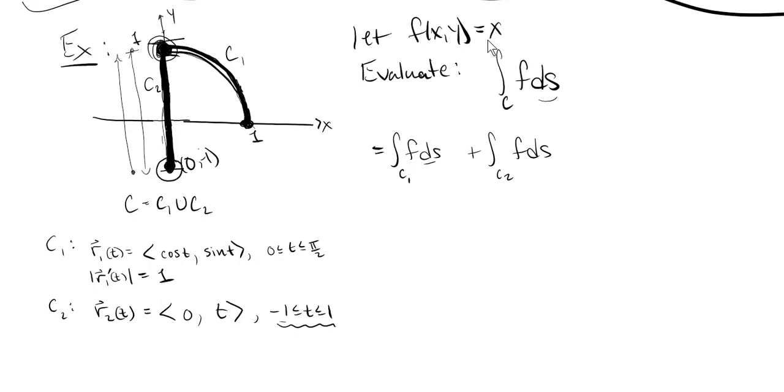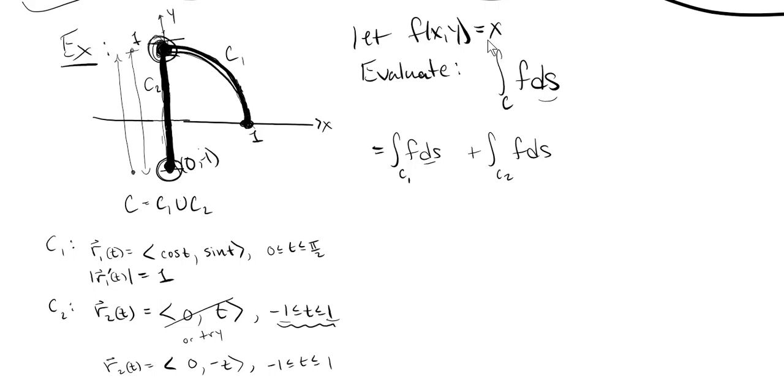Right, this starts at the bottom. When t is at its lowest value, we're here. When t is at its highest value, we're up here. So how can I force this to work in the opposite direction, start at the top of C2 and go to the bottom of it? Well, instead we could just try, if we really do want to practice enforcing a specific orientation to these curves, just put -t here and say that goes from -1 to 1.